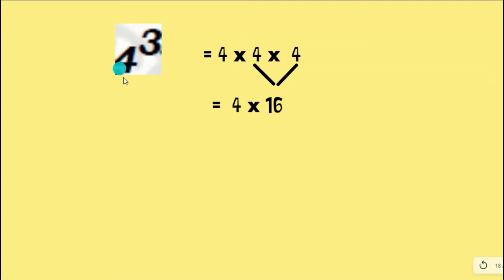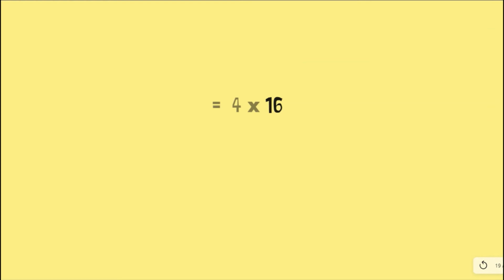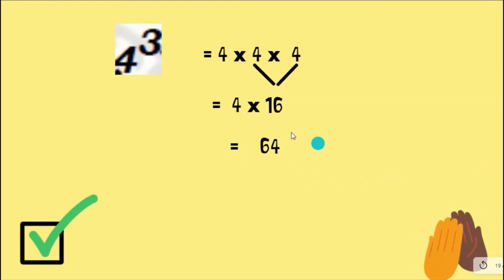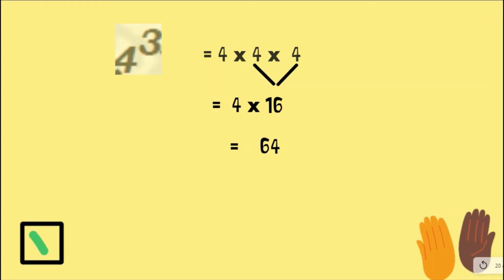So in this example, the base must be multiplied by itself 3 times. As you can see, 4 times 4 times 4, 1, 2, 3. Okay, so 4 times 4 equals 16, and then bring down the other 4. 4 times 16 equals 64. Very good. So let's go to another example.